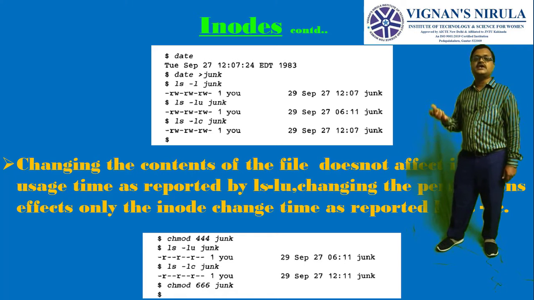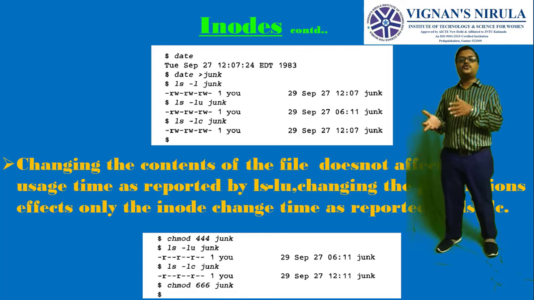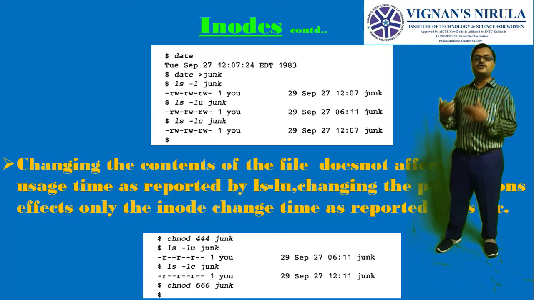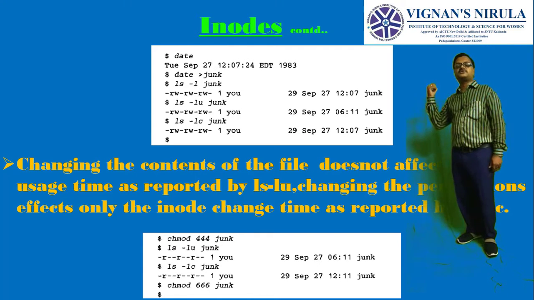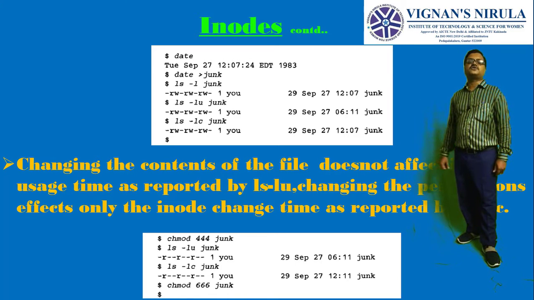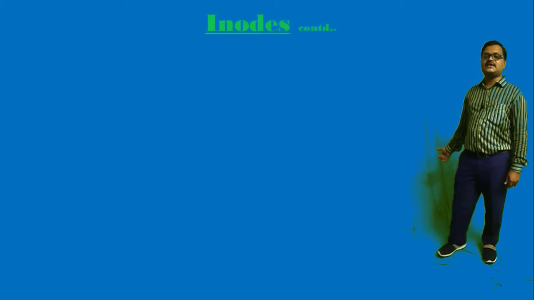How can I do it in Unix? Using the greater than symbol, that is the redirection symbol. Normally the output of the date command appears at the terminal, but instead we move the output to a file called junk. So you use date > junk, and you will see the three times associated with the file using ls -l, ls -lu, and ls -lc.